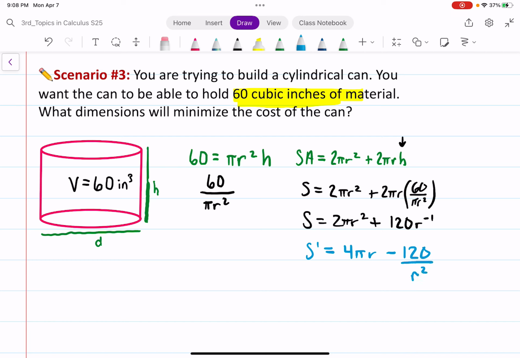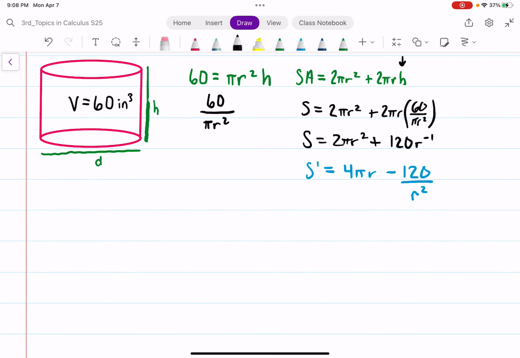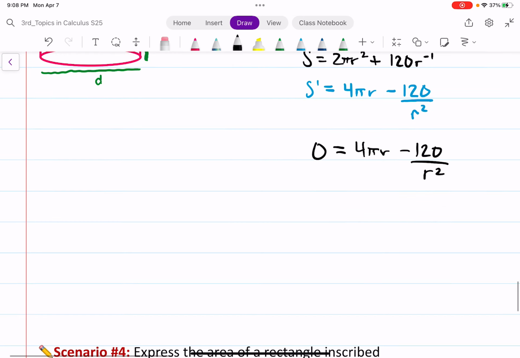Okay, and so remember our next step after taking the derivative is to set it equal to 0 to find the critical points. And so if I do that, I can add the 120 divided by R squared. And now I could cross multiply to solve.